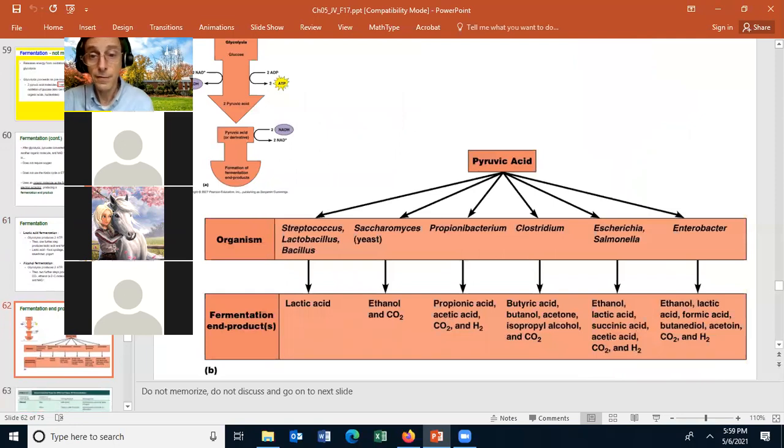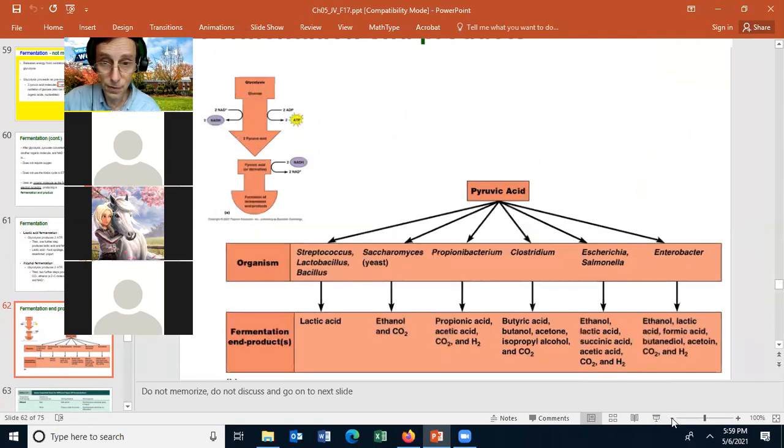There are different fermentation reactions, and this chart is showing you them. We've already talked about lactic acid fermentation and ethanolic fermentation. You'll notice that Propionibacterium produces propionic acid, which is how Swiss cheese is made.